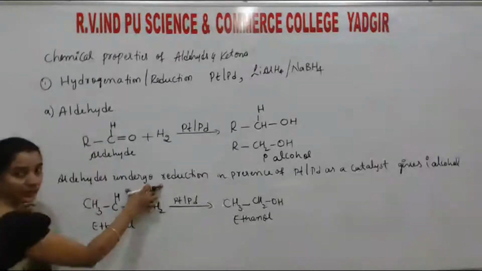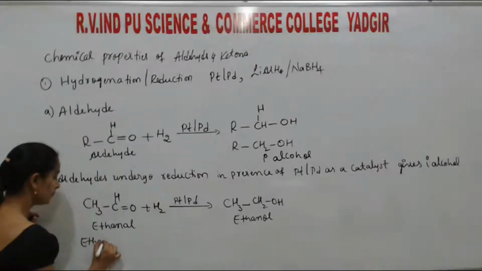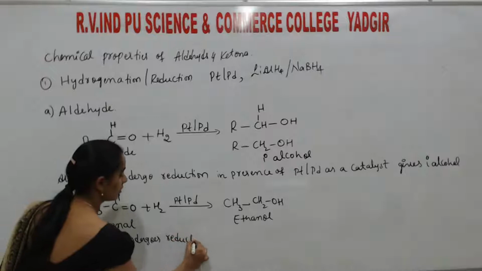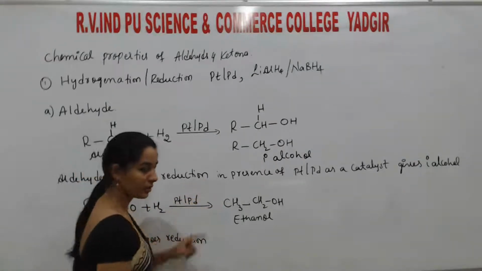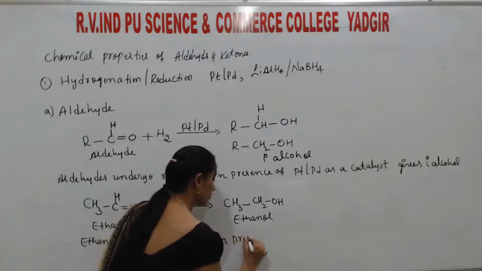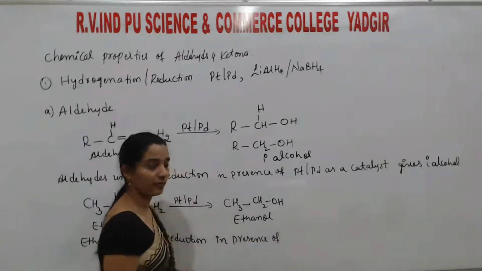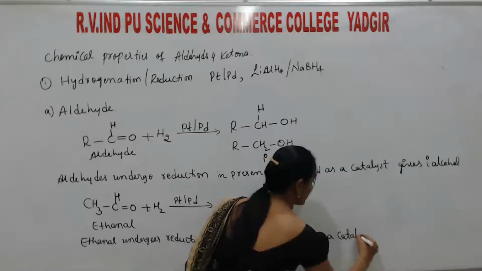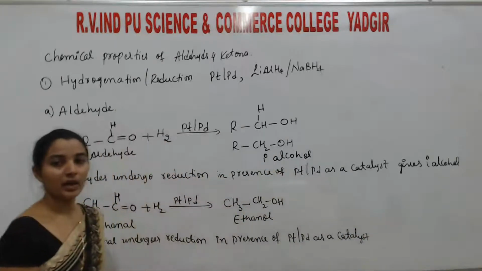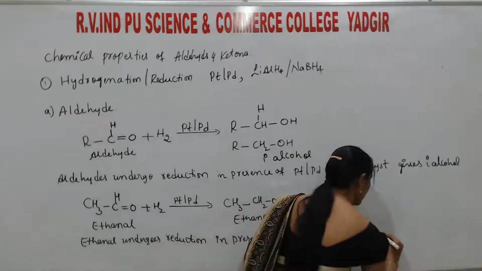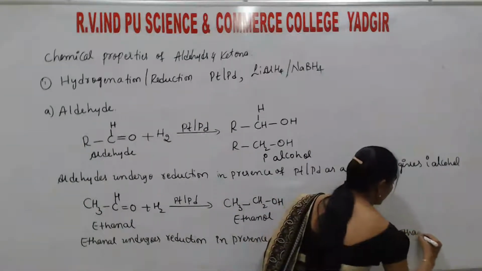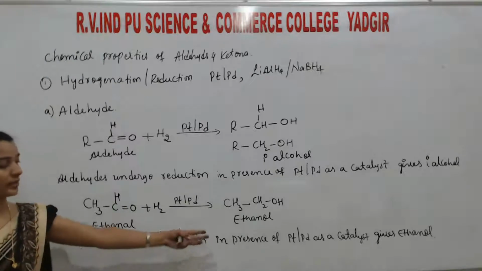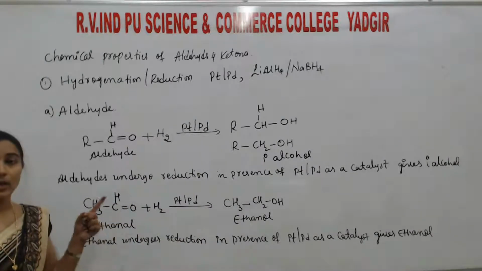Then you have to write this: ethanal undergoes reduction in presence of platinum or palladium as a catalyst gives ethanol.